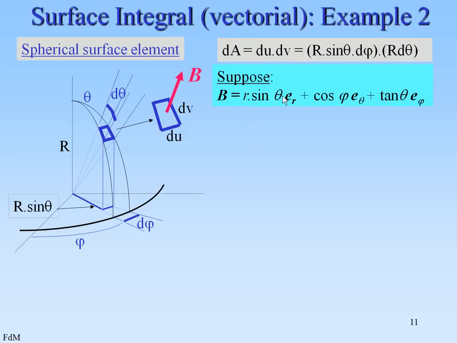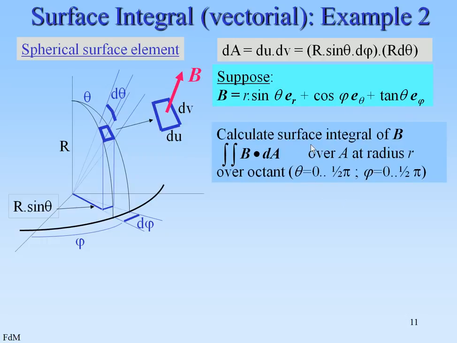And suppose B is given by r sine theta Er plus cosine phi E theta plus tan theta E phi. Then calculate the surface integral of B over A at radius r over an octant. So theta is between 0 and pi over 2, and phi is also between 0 and pi over 2.